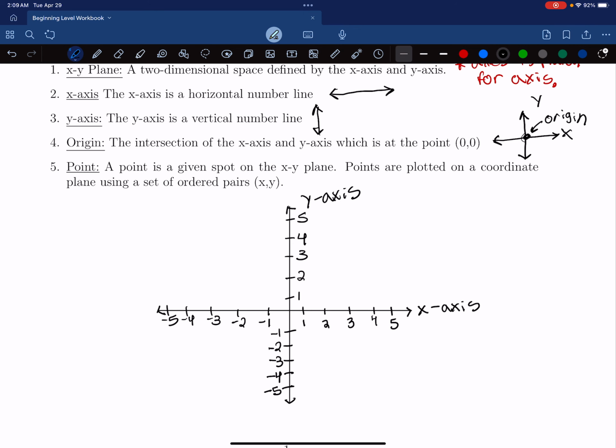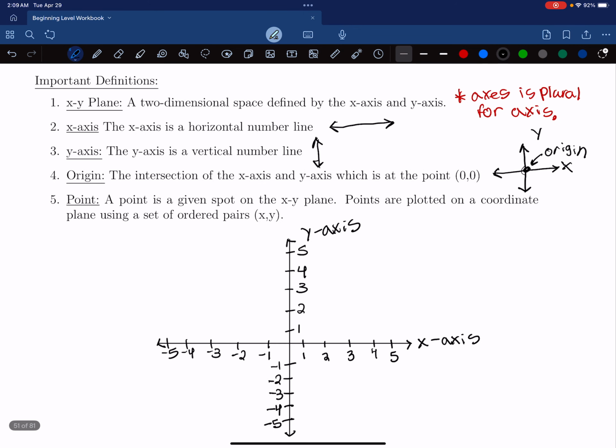And then the last thing we haven't defined yet on this XY plane is the origin. Now remember, that's where these lines intersect. So since the lines intersect here, this point here, 0, 0, that is what is called the origin of the XY plane.